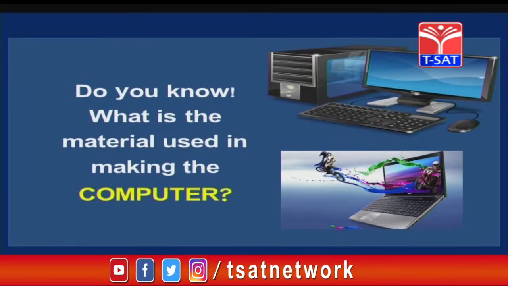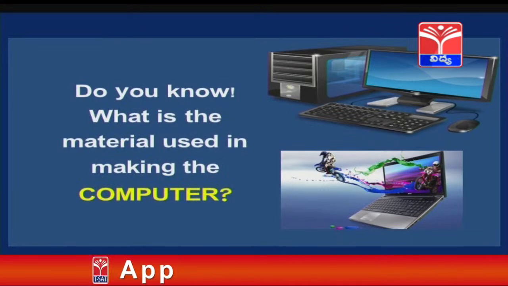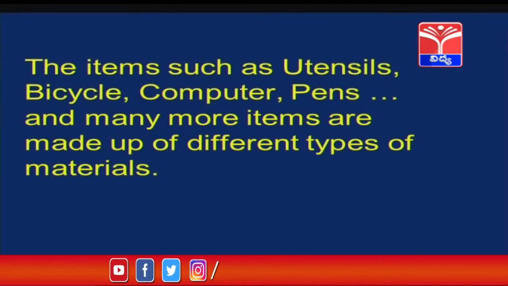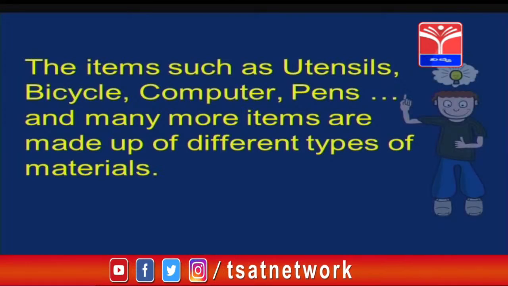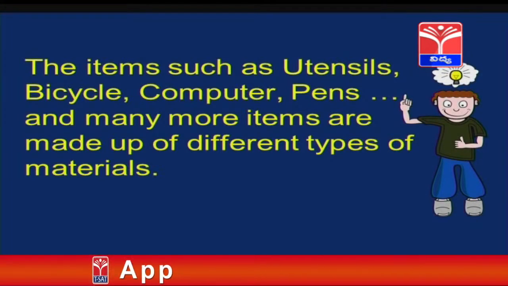Do you know what material is used in making the computer? Yes, in our 8th class we studied bakelite, it is a plastic, it is a synthetic fiber. The items such as utensils, bicycle, computer, pens and many more items are made up of different types of materials.